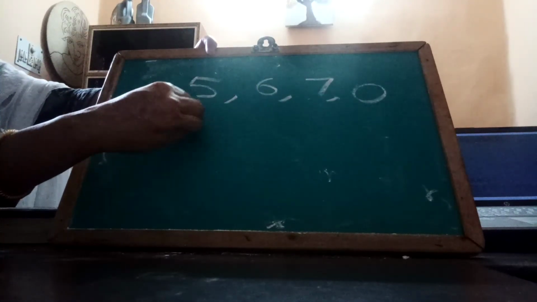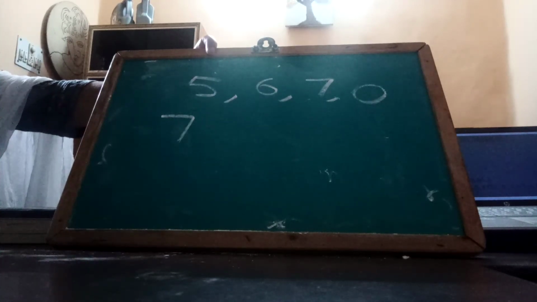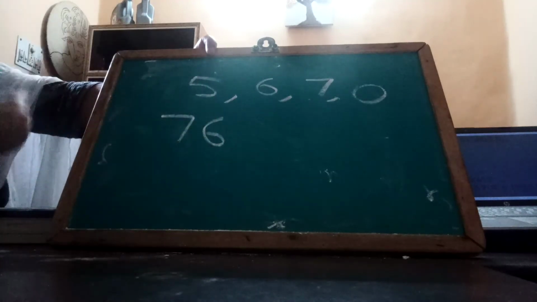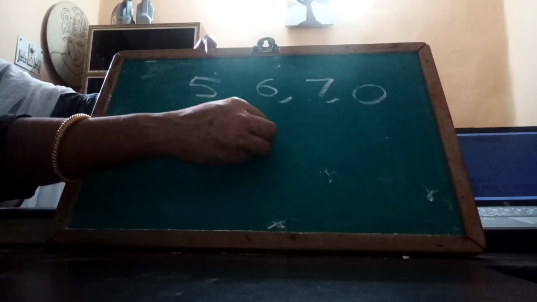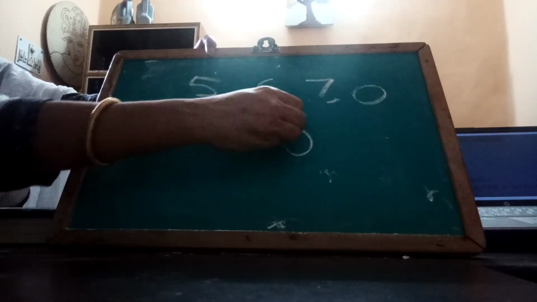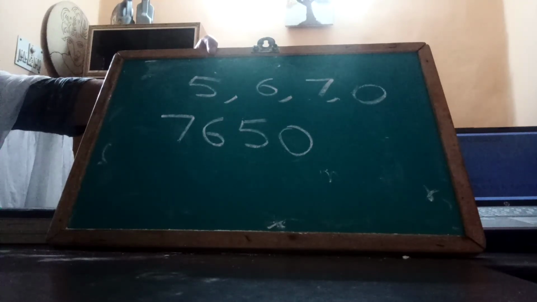I'll write 7. Now, the number smaller than this is 6. Then, after that, 5. After that, 0.